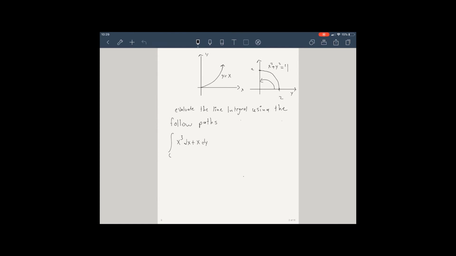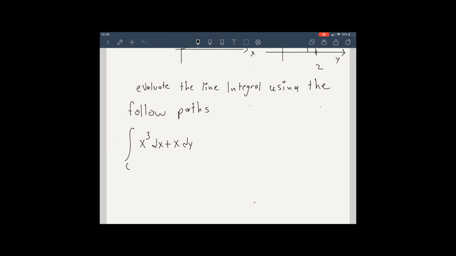Part B asks to use a path of x squared plus y squared is equal to 4. In order to parameterize this equation, I'm going to use the fact that x is equal to r cosine of t and y is equal to r sine of t.